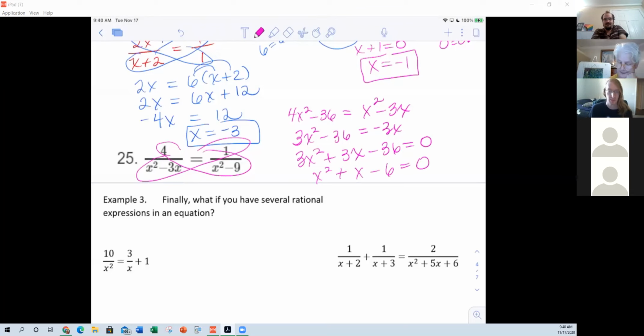Oh, you're right. Thank you. And then the factors for that are -3 and +4. Yep, that was good. And then the answers are x equals 3 and x equals -4.